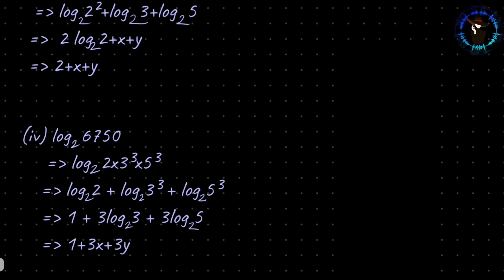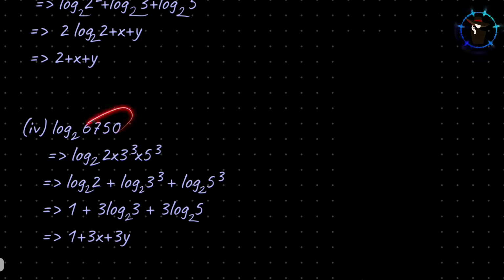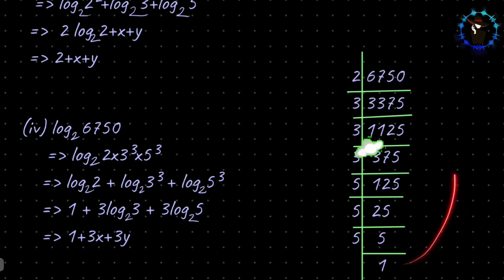Now the fourth one, that is log 6750 with the base 2. Again we need to open 6750 just as we opened 60 in the last question. So we don't know the factors, it's a big number. So let's take the LCM. 2 3s are 6, 2 3s are 6, 1 remaining, 2 7s are 14, again 15 minus 14, 1 remaining, 2 5s are 10.